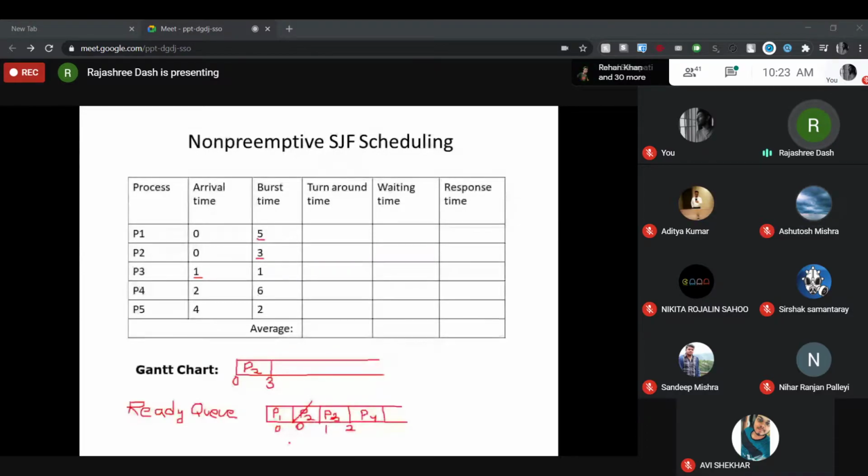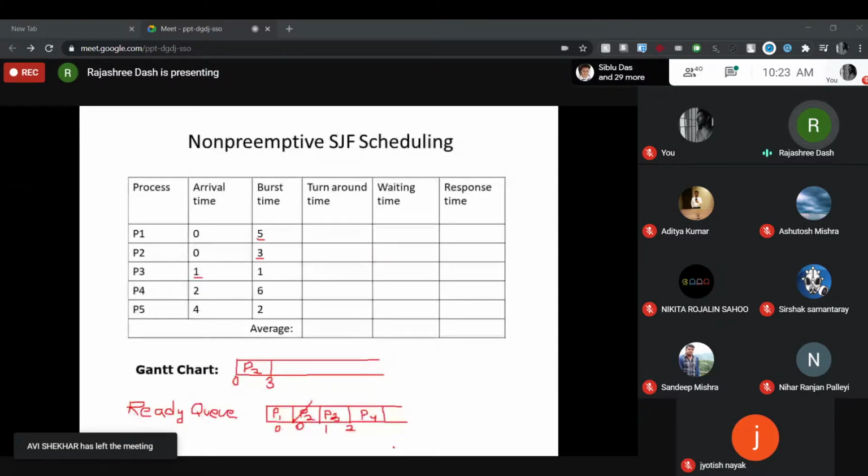The scheduler will compare the burst times of P1, P3, P4. Currently, after 3 milliseconds, there are 3 processes in the ready queue.